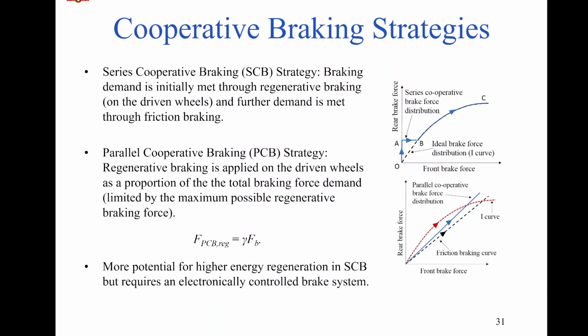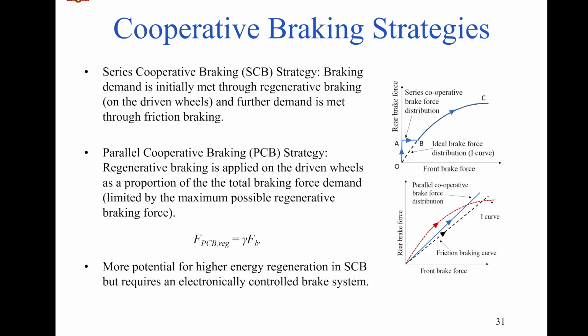Here the braking demand is initially met through regenerative braking on the driven wheels, and further demand is met through friction braking. So in this case we are using both, but first we use regen and next we use the friction brakes. In the slides you can see that up to point B we are using regen.